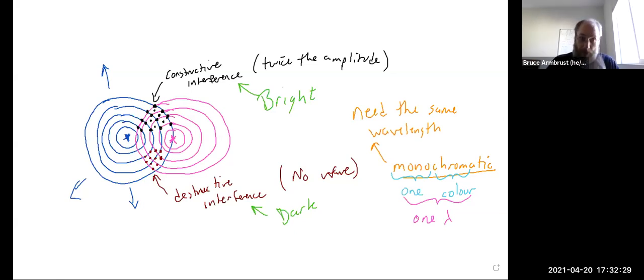If you think about one of these places where we get destructive interference, imagine we're at that point right there. Let's say we lose the wavelength of orange. Well, if orange gets destroyed there, that doesn't mean that all the other colors do.